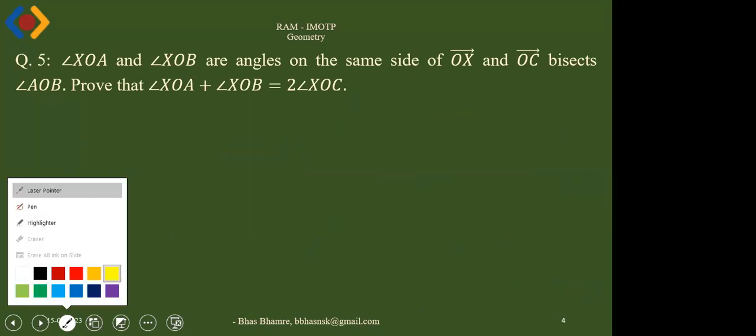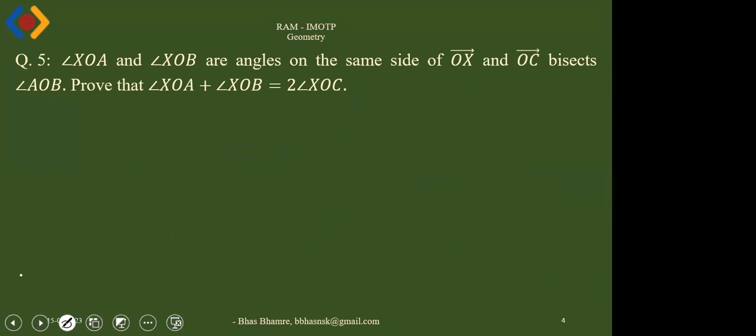This is a typical question now. Angle XOA and angle XOB are angles on the same side of ray OX, and ray OC bisects angle AOB. Prove that angle XOA plus angle XOB is equal to twice of angle XOC. So ray OX.